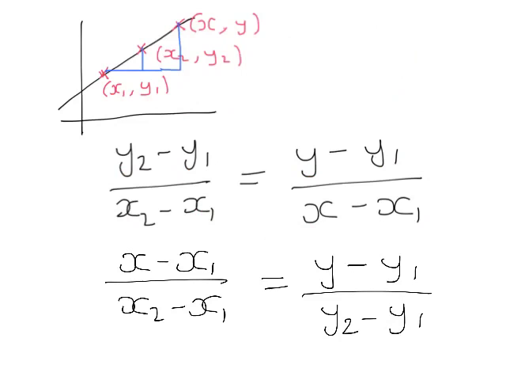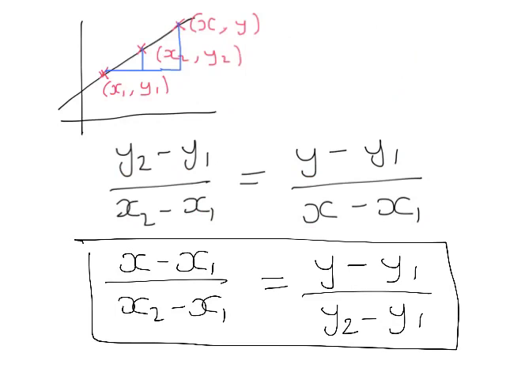So if you remember this formula here, all you need to do, given 2 points, is plug in these points into this formula, and you'll have the equation of a line.